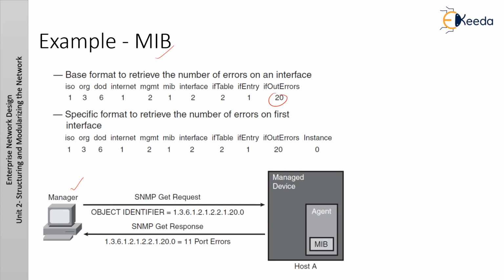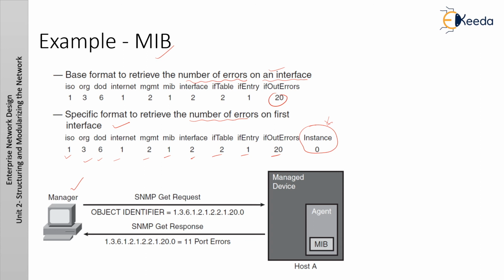The specific format is to retrieve the number of errors on the first interface, on a particular interface, or on any interface. Here it is 1.3.6.1.2.1.2.2.1.20 and this is the instance.